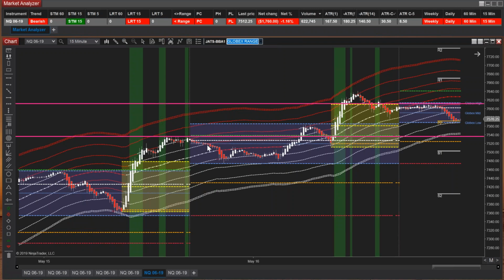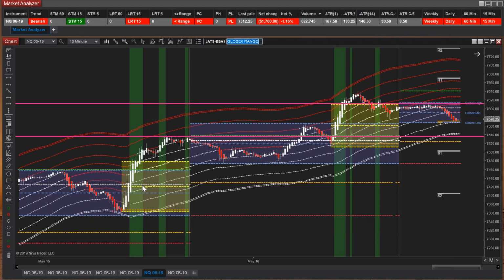Now, what if you want to trade this Globex range breakout, but on a smaller time frame chart with another signal condition? You can do that. You can mix your conditions. So like you could come up with another chart that said, I want the 60-minute bar to be in my direction, or I want a moving average crossover.